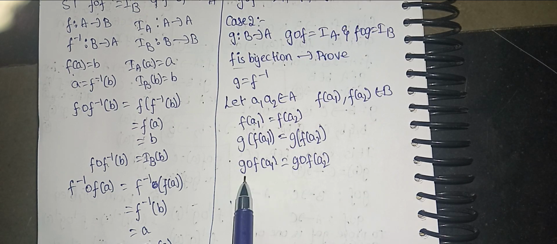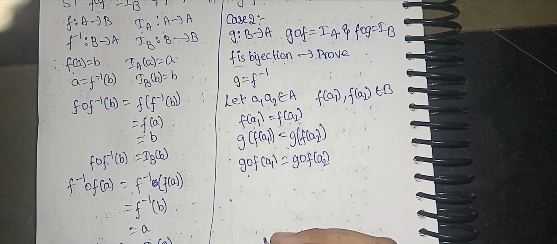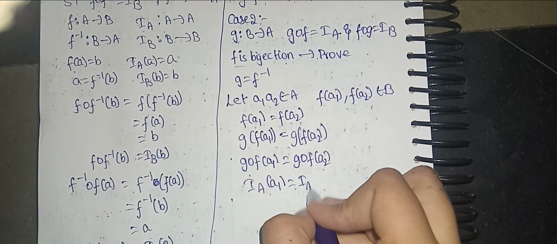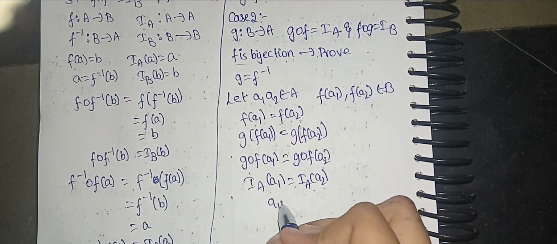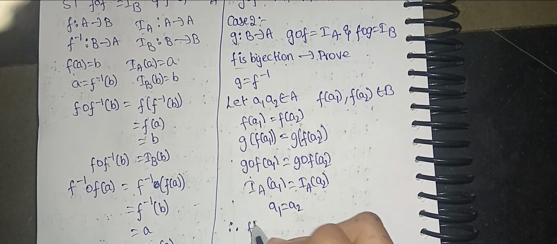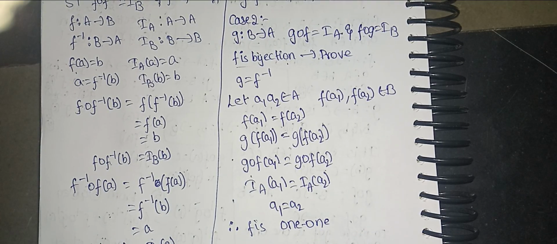What is g circle f? It is IA, right? Means IA of a1 is equal to IA of a2, and a1 is equal to a2. Therefore f is 1-1. To prove bijection, we have to prove it is onto as well. Till here you understood, right?